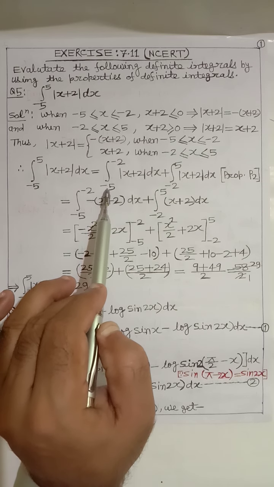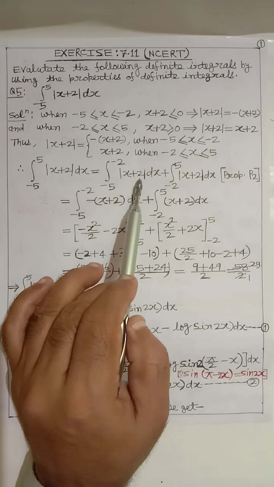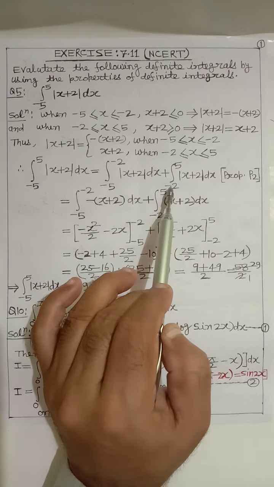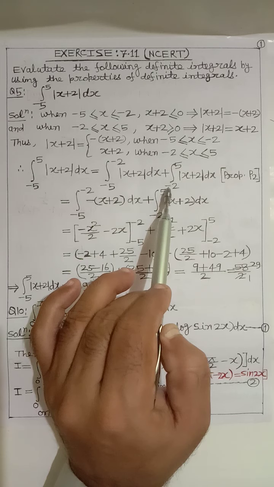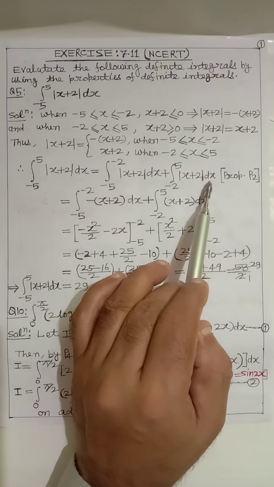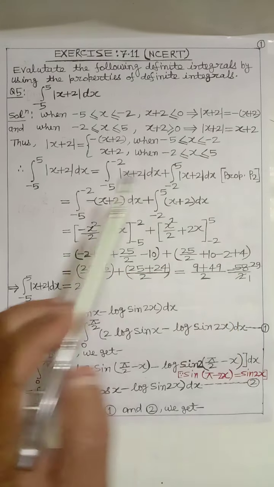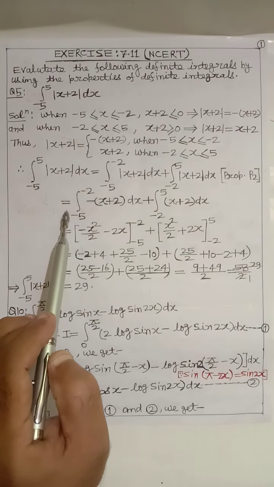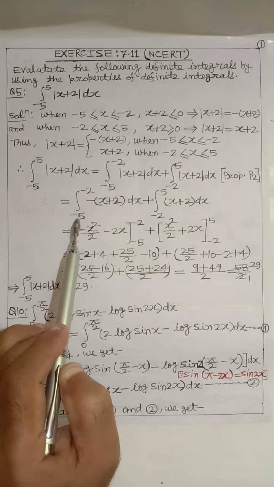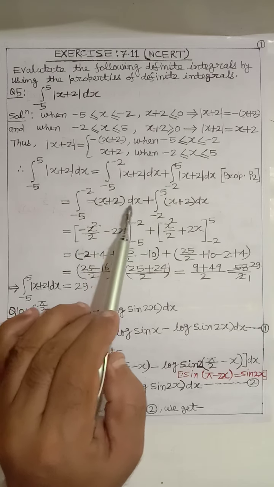integration of minus 5 to minus 2 of mod of x plus 2 dx plus integration of minus 2 to 5 of mod of x plus 2 dx, here using property P2, and this is equal to integration of minus 5 to minus 2 of minus (x plus 2) dx.